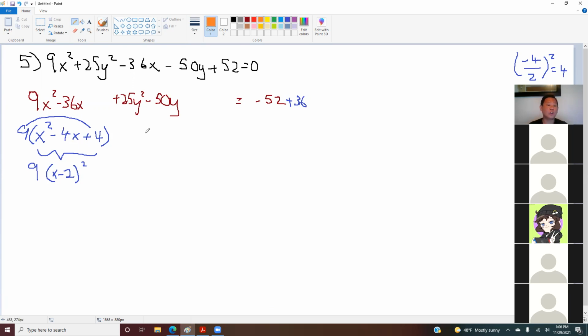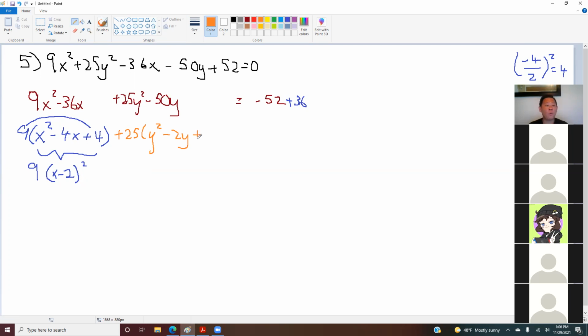Okay, we do the y term. Again, we need to factor out the 25 so y is by itself. So we got minus 2y. We take the middle term, -2, divide by 2 and square it. This will give me 1.